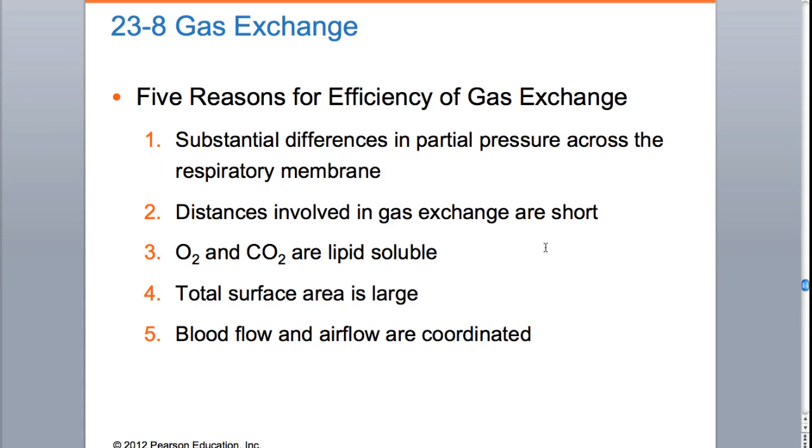Next slide. Now this slide is very important. The author has thrown in certain slides that are very good review slides. This is one of them. So we've already said that one of the driving forces is that partial pressure difference. That is why the higher up you go in elevation, the tougher it is for oxygen to want to come into your lungs and in your blood. Let me give you an example.